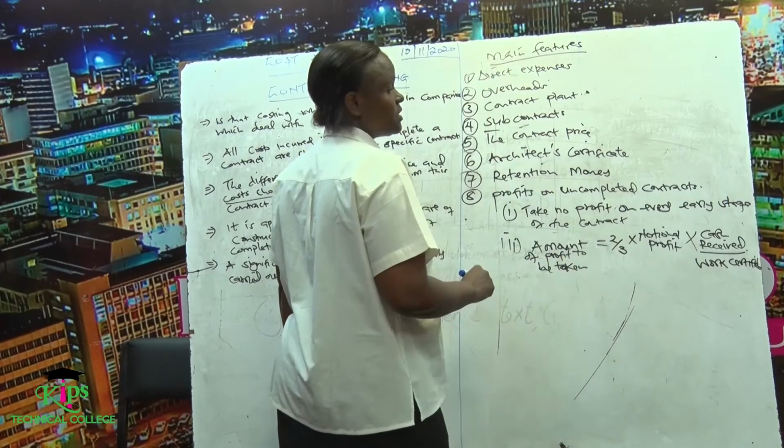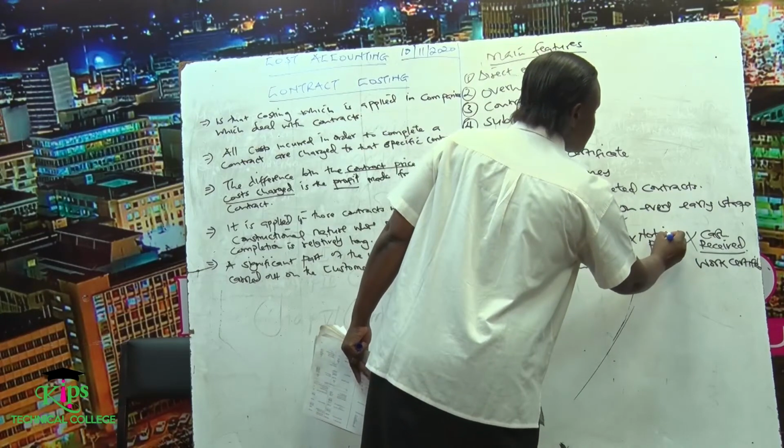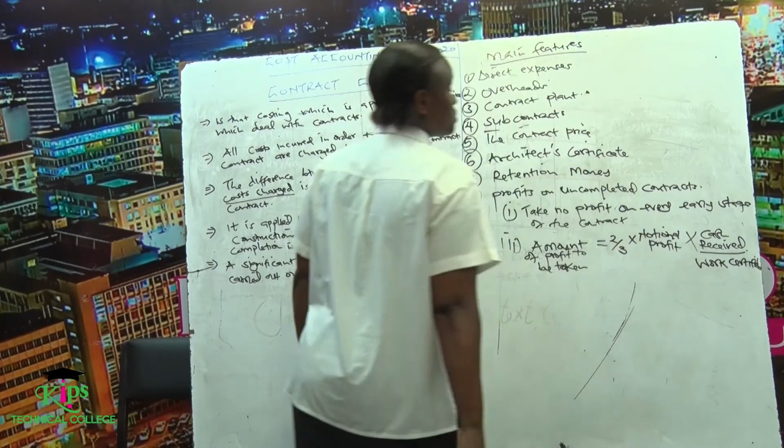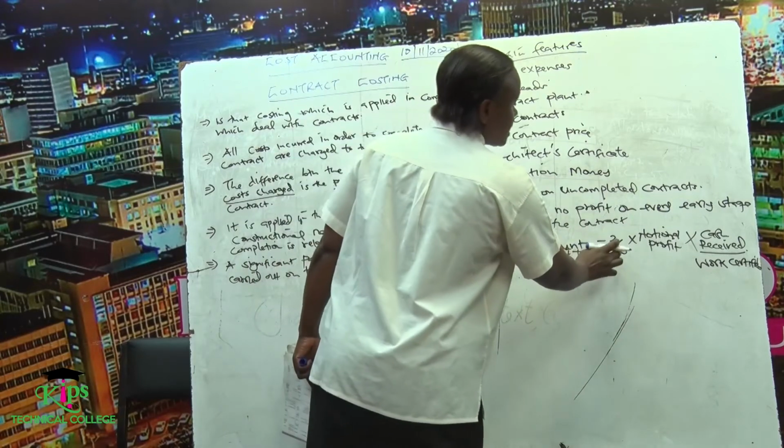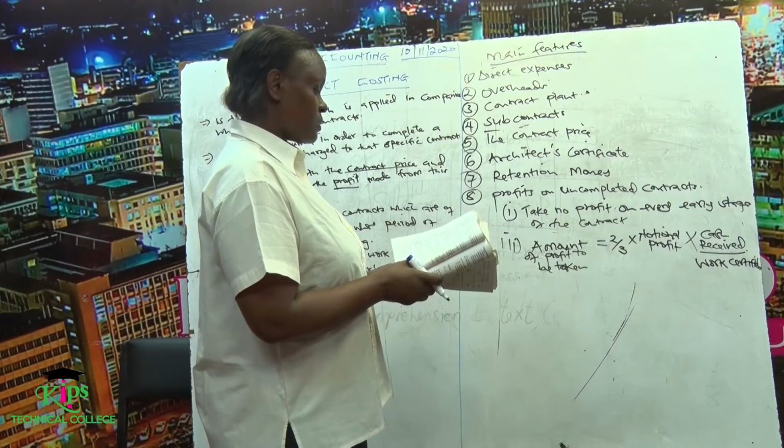There's some cash which is given to the contractor, and then there is a particular percentage which you're supposed to take as the profit after the work has been completed.